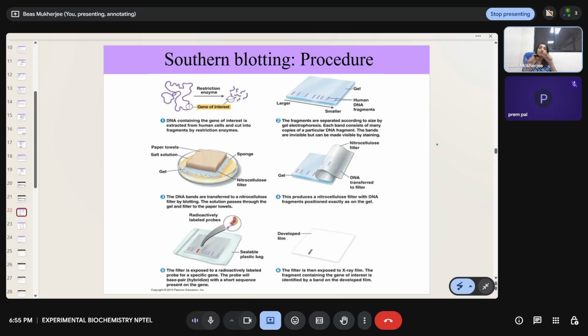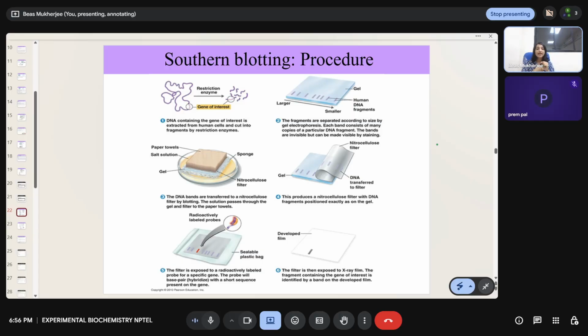So only our DNA of interest is excised out, right? Then what happens? The fragments are separated according to their size. So basically you run an agarose gel by gel electrophoresis, and each band consists of many copies of a particular DNA fragment. The bands are invisible to the naked eye, but they can be made visible using staining.